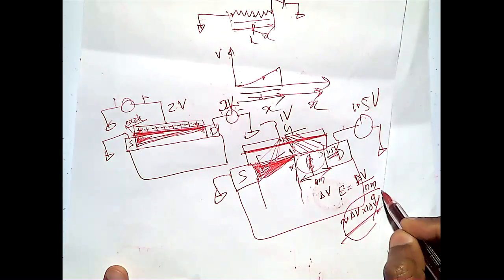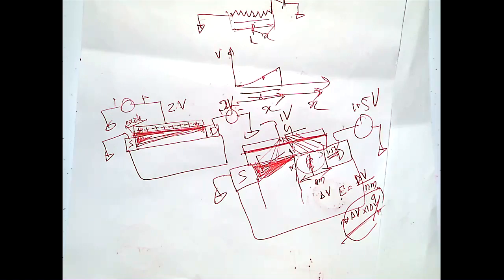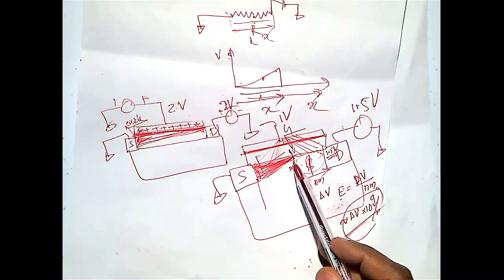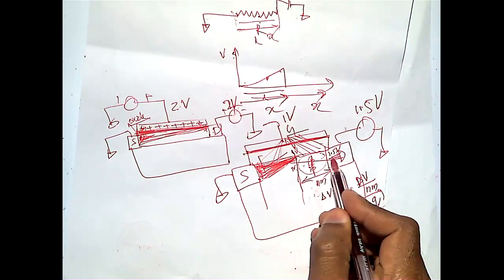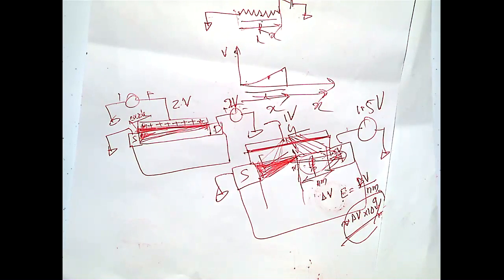That is a very big electric field. When electrons come here, because of this big electric field, 10 to the power of 9 order of volt per meter, they will quickly move across this region. That's the reason electrons are moving in the saturation region, during the pinch off.